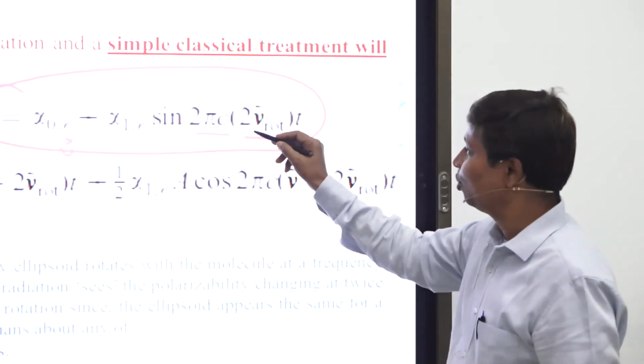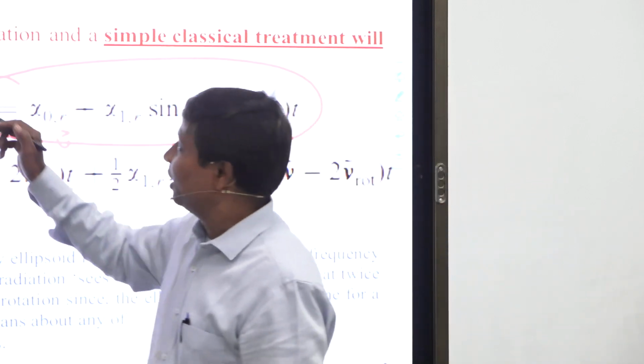In the classical approach, the radiation is seeing this molecule once, and since it is rotating, when it is rotated 180 degrees, then it is seeing the same thing again. So in a complete rotation, it is seeing the same spot twice. That is why 2 times the frequency. So that is why you will have the 2.